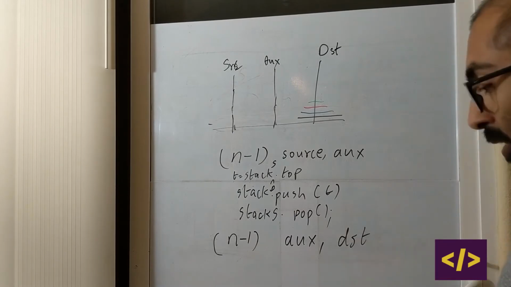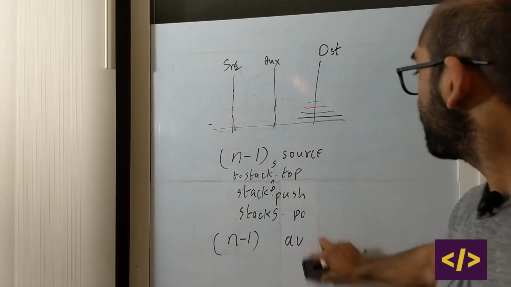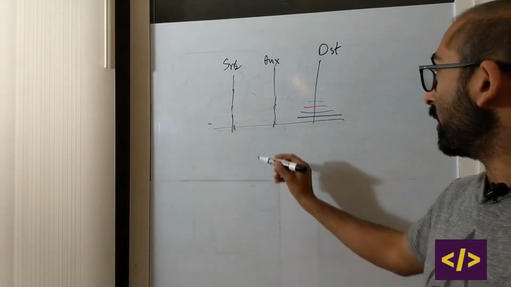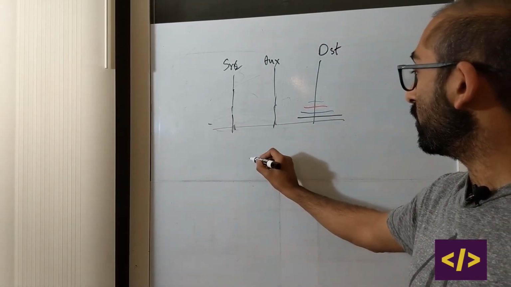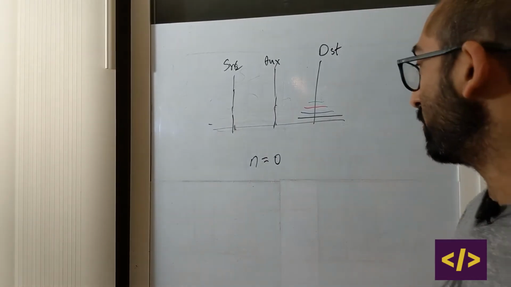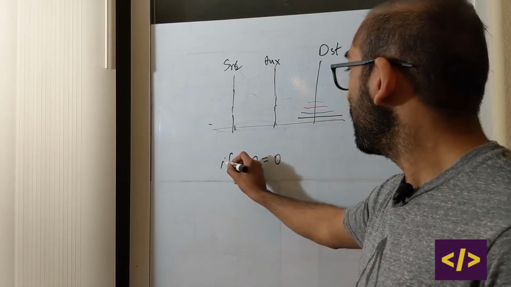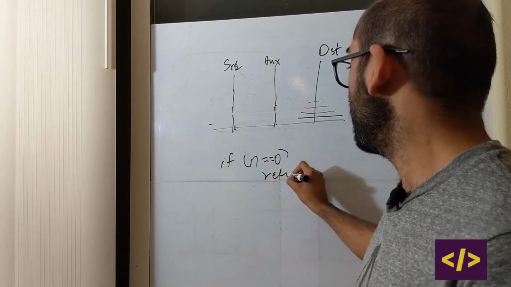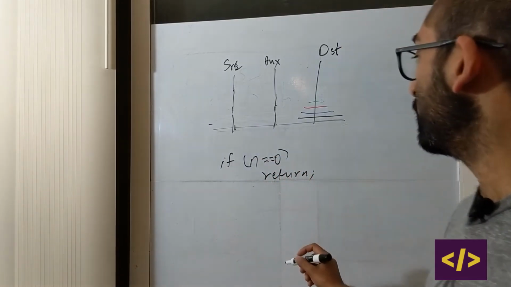Now your recursion is going to end when your n value is equal to 0. So basically you would say if n equal to 0, then just return, don't do anything, right? Because there's nothing to do.